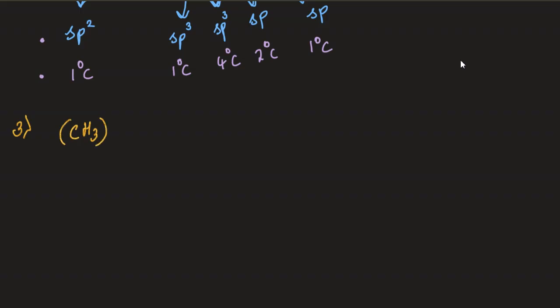CH3 taken thrice. Okay, taken thrice, carbon bond, carbon bond, carbon. Next, the bracket CH2, sorry, CH3, and close the bracket, single bond, C double bond C. You need to elaborate the structure, add the hydrogens, find the hybridization, and find the degree of carbon.